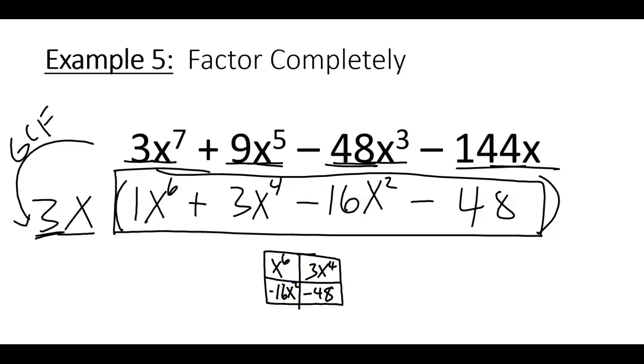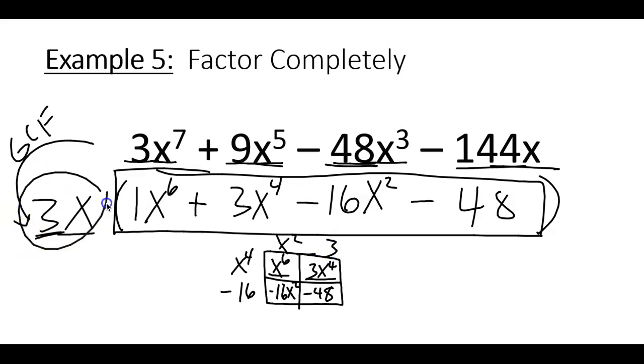And then we take out our GCF for each row and column. So I could take out of the top row there an x to the 4th. I could take out of the bottom row a negative 16. And then for these 2 terms, I could take out x squared. And then for these two terms, I could take out a 3. All right.